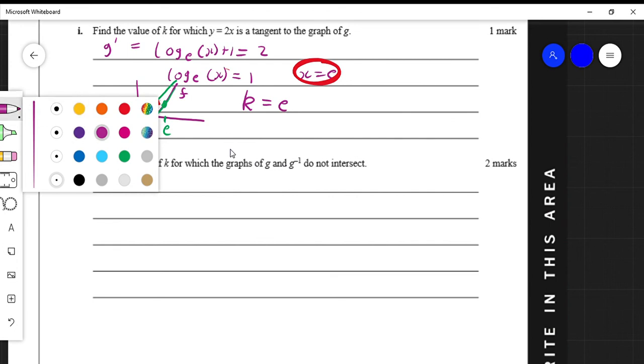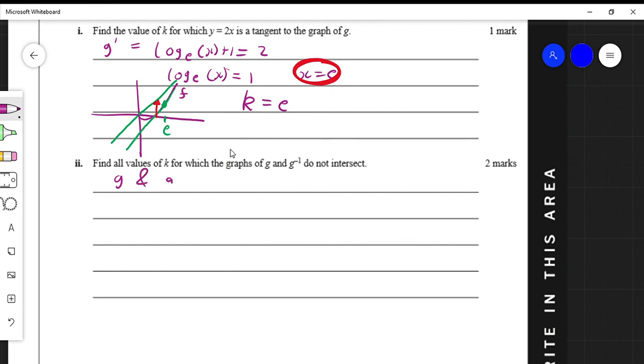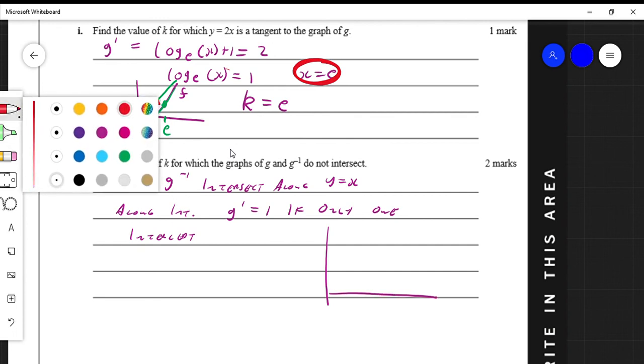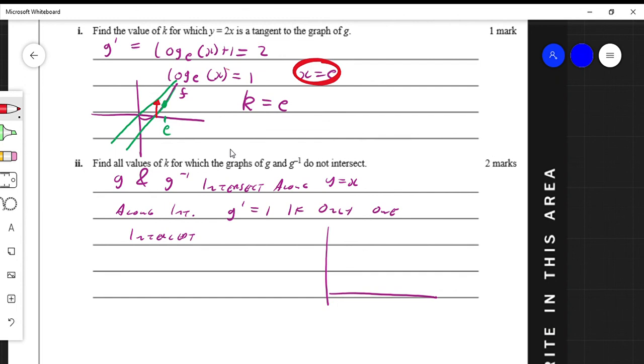So, first thing to notice is that g and g inverse intersect along the line y equals x, which means that along the intersection, g dash has to equal 1 if there's only one intercept. Because if we draw out our graphs here, we get here.